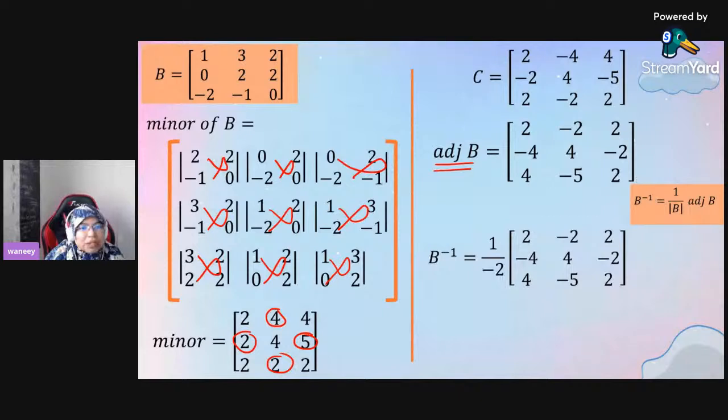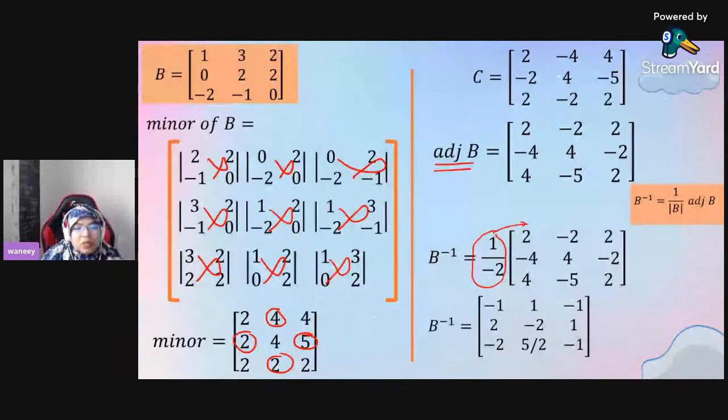So we are going to get 1 over -2, 2, -2, 2, -4, 4, -2, 4, -5, and then 2. And then of course, we are going to take this constant and times it with each of the entries. So times them and simplify.